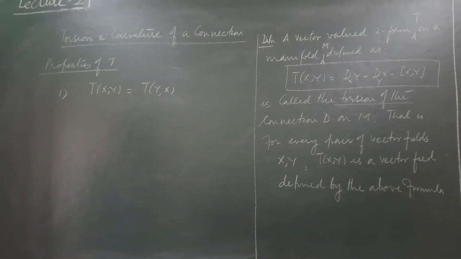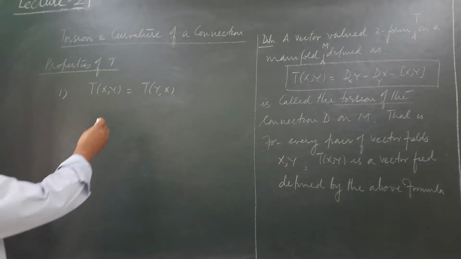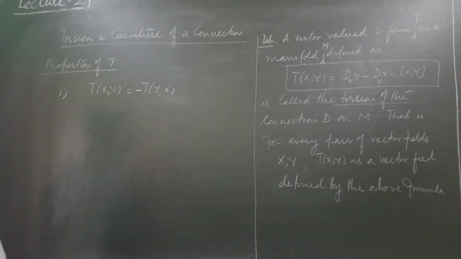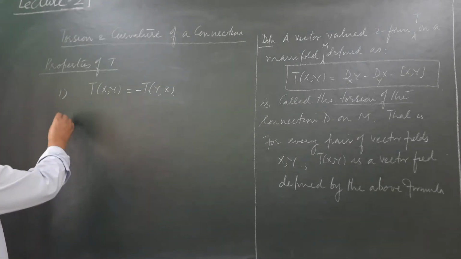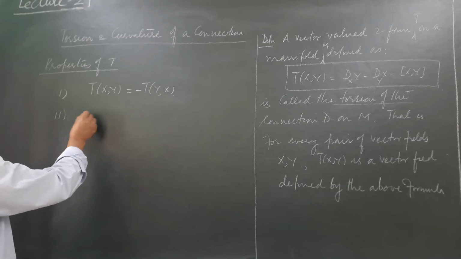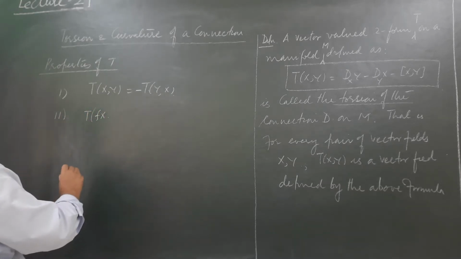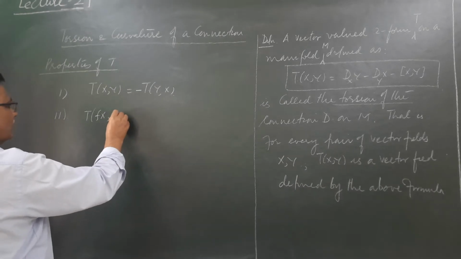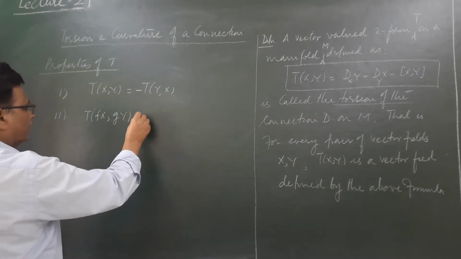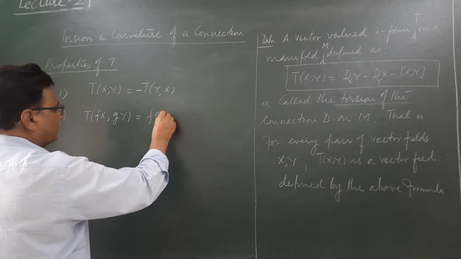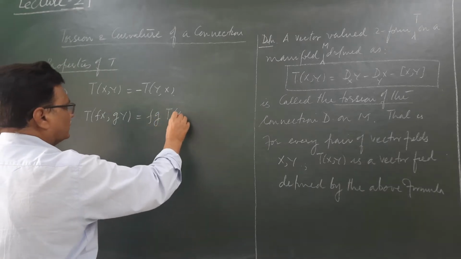We are calling it a two form. Therefore, it has to satisfy T(x,y) equals minus T(y,x). Number two, if you replace x by a vector field fx and y by gy, then you will see that f and g both will come out.